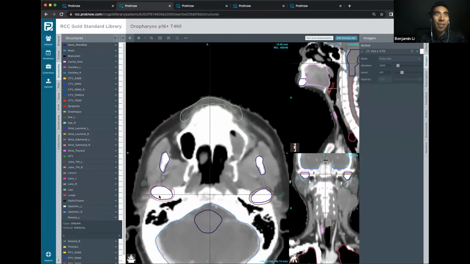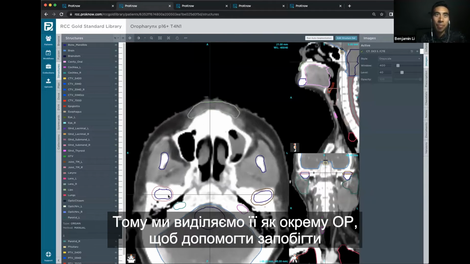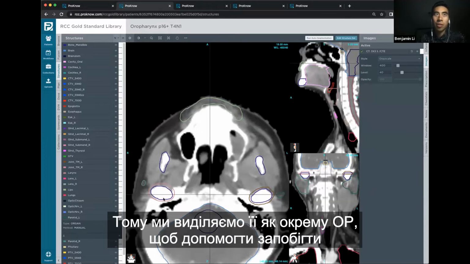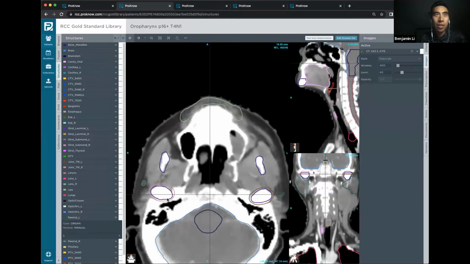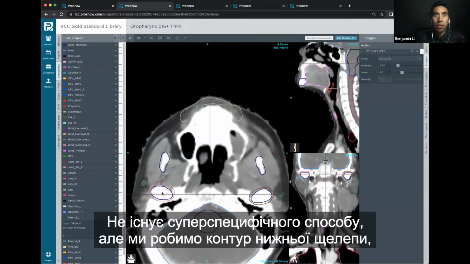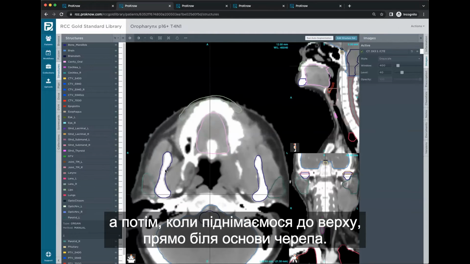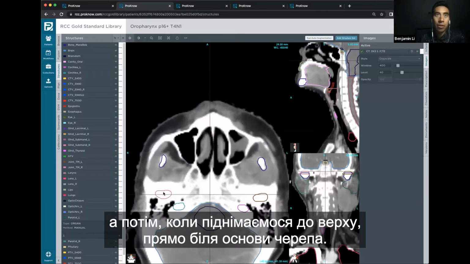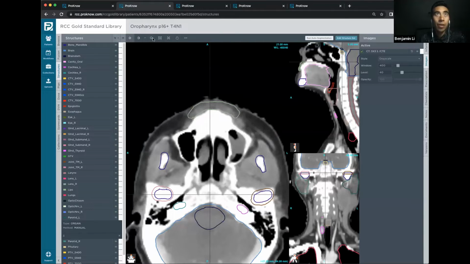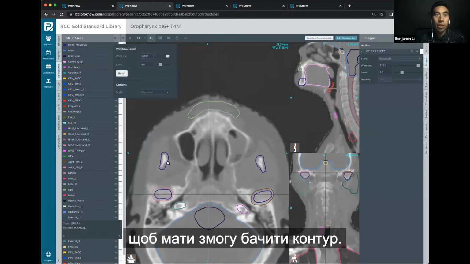These are the temporal mandibular joints. So we actually contour this as a separate OAR to help prevent TMJ symptoms. There's no super specific way to do this, but what we do is we contour the mandible, and then when we get up to the top here, right at the base of skull, again, bone window is helpful here to be able to see the outline.